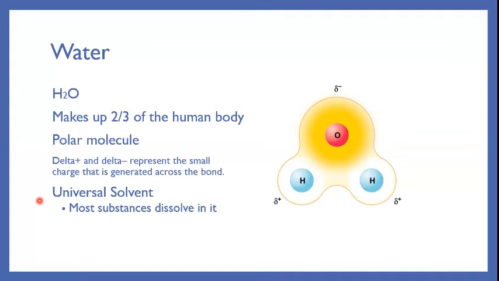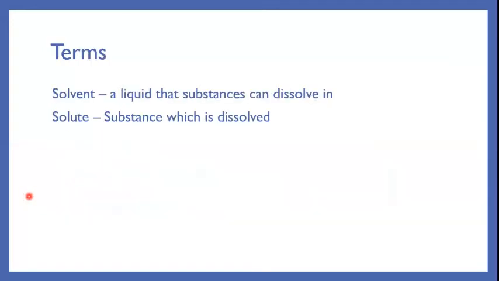Over the next few slides, we're going to look at how substances dissolve. The next slide includes a couple of terms, and then we'll see it in action. A solvent is a liquid that substances can dissolve in. Water would be an example.